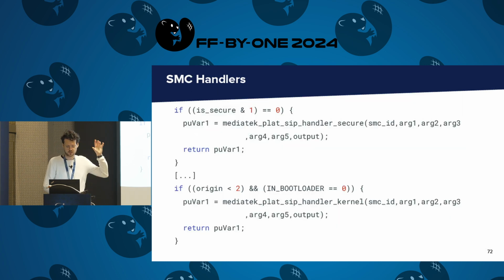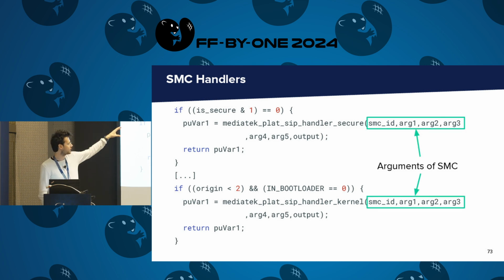So usually, in this case there's two. One is because there's two ways the communication can happen. Either the kernel wants to talk to the secure world, or the secure world wants to talk with the kernel. The interesting one for us is the one exposed to the kernel. And then you have these arguments that are literally the registers that are set before calling the SMC.